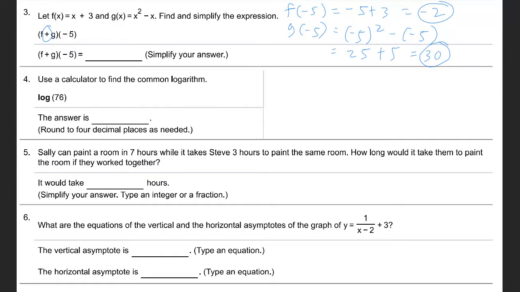Adding these two, that would be -2 plus 30, and the answer is 28. So that would be the answer, adding the two functions with a value of -5. So 28 is the answer here.